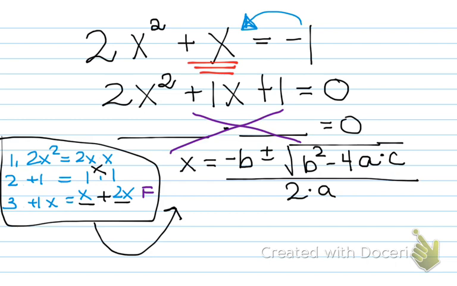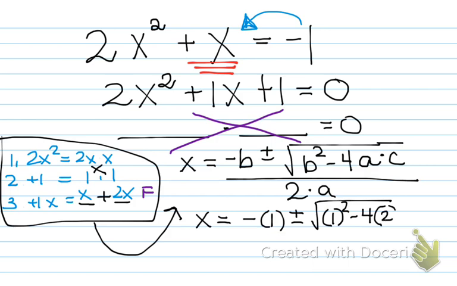Now we simply replace the a, b, and c with all the numbers up above. We have a negative 1, put the b in parentheses, plus or minus the square root of 1 in parentheses squared, minus 4 times the first number 2 times the last number 1, all over 2 times the first number.